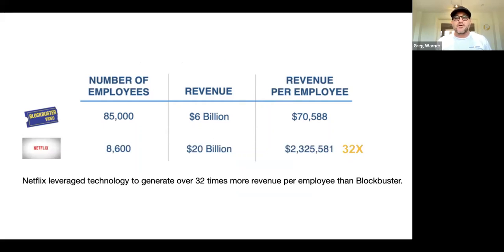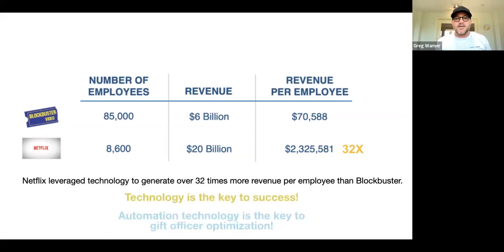So they had 32 times more revenue per employee. That's what technology does. Technology multiplies effectiveness and efficiency. So it's the key to success, and automation technology is the key to optimizing your investment in gift officer performance.